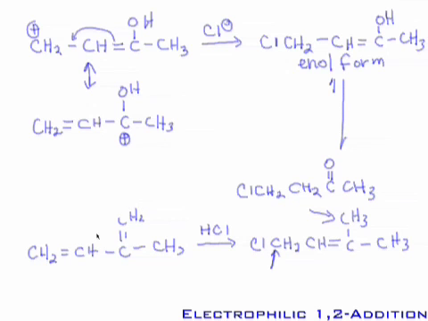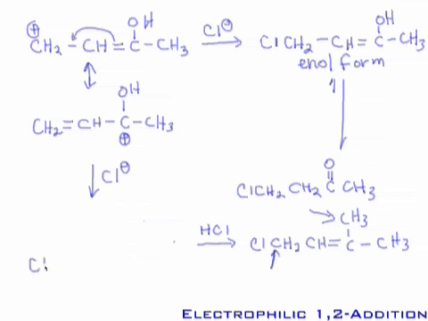Could not Cl minus go for the carbon of the carbonyl and give us 1,2 addition? Well, imagine what would happen if it attacked. You get CH2 double bond CH, and then you'd have a C, OH, Cl.